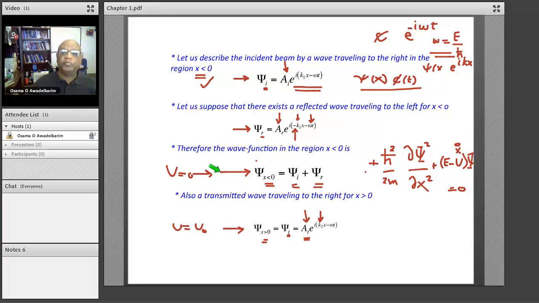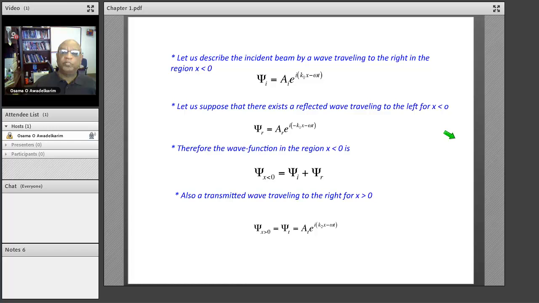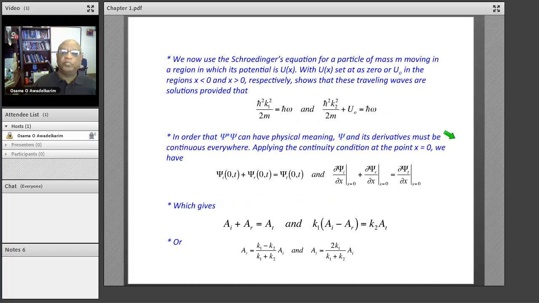So what I'm going to do is take these two functions, substitute them here, and apply them in this equation, taking x equal to 0, and see what I get. If I do that, I get this equation here.